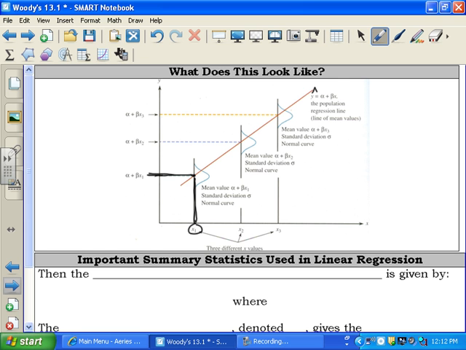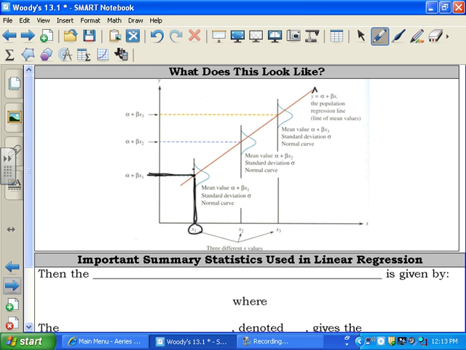For that value of x, we may or may not have an actual y data point. Remember on our linear regression models that are all around the classroom, you guys have x and y values. Those are actual data pieces. I might try to predict something at an actual data piece, or I might not. If there was an actual data piece there, we could calculate a residual. Does that make sense?